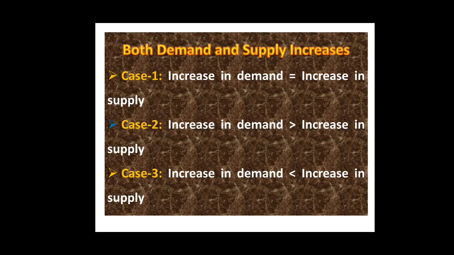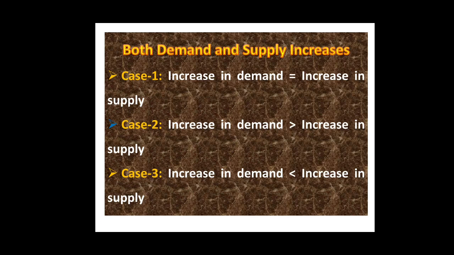Let us first discuss the first situation, when both demand and supply increase simultaneously. Dear students, it is obvious that when both demand and supply increase simultaneously, it will cause increase in equilibrium quantity of a commodity.